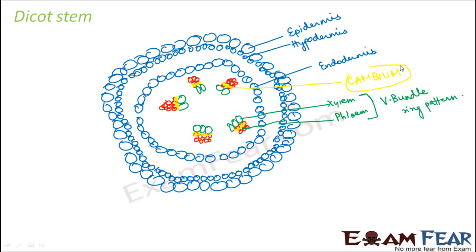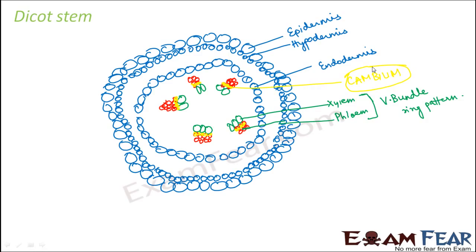This cambium is responsible for the formation of secondary xylem and secondary phloem, which in turn is responsible for secondary growth. This is nothing but a meristematic tissue. Because of this, the stem becomes wider and wider. Because they are capable of cell division, they can form new xylem and phloem cells. So this is another very noticeable difference in a dicot stem.